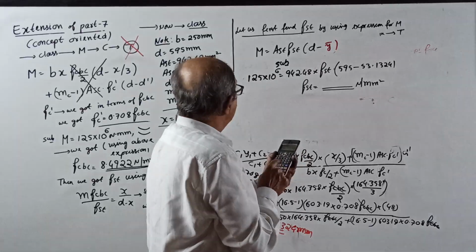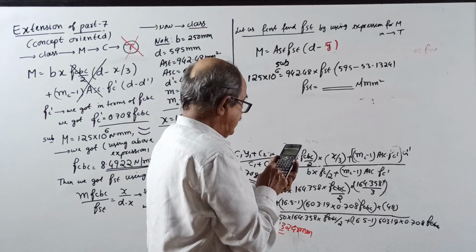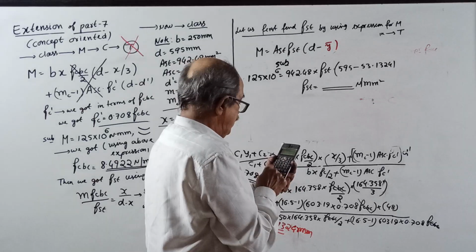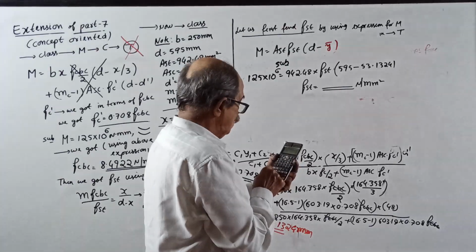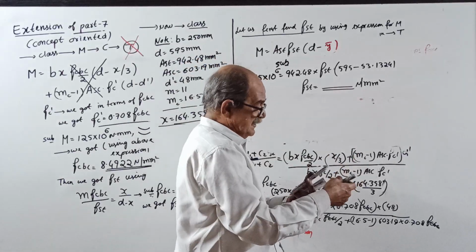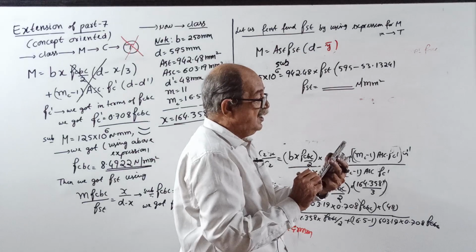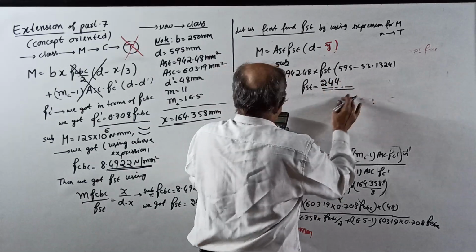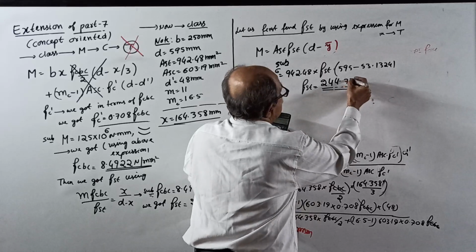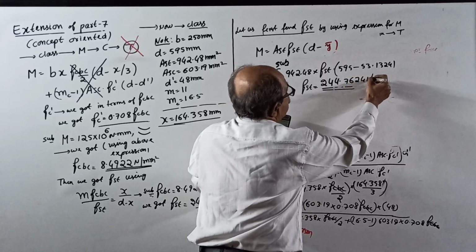125 into 10 to the power 6 divided by 942.48 divided by 595 minus 53.1324. I won't look at the previous answer. I will first write the answer, then see there. 244.7624 Newton per mm square.